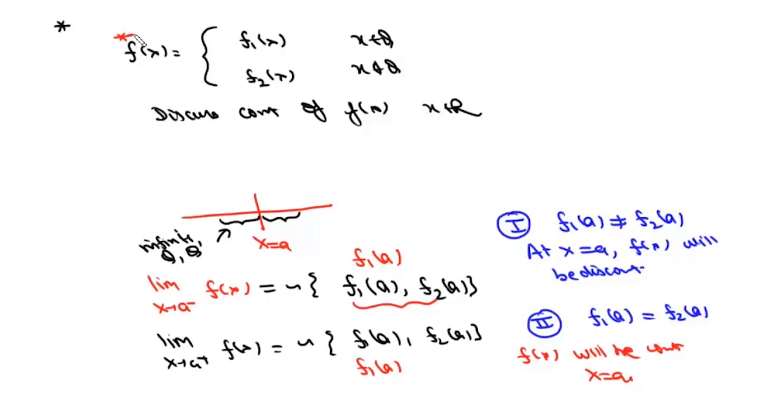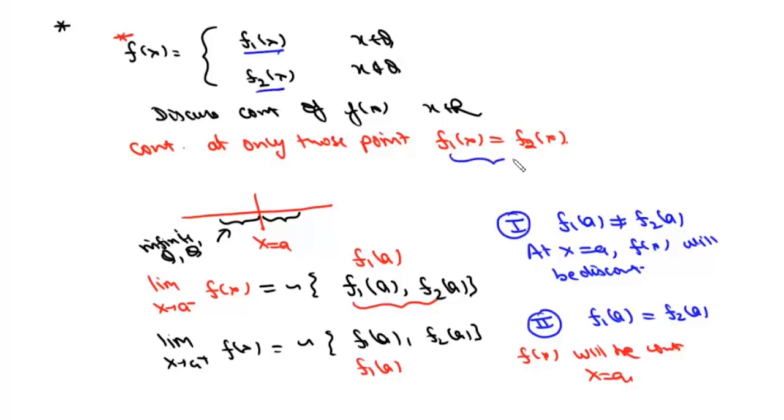Such functions are continuous only at those points where f1(x) equals f2(x). So all we need to do is we have to equate these two definitions, and then we'll solve this equation to find real values of x, say x1, x2. So this function f(x) will be continuous only at these points, and at all other points this function will be discontinuous.